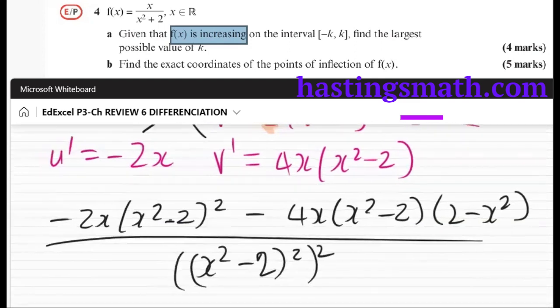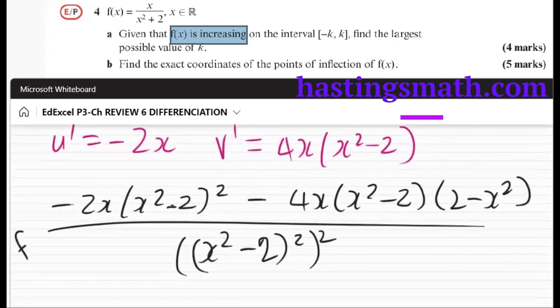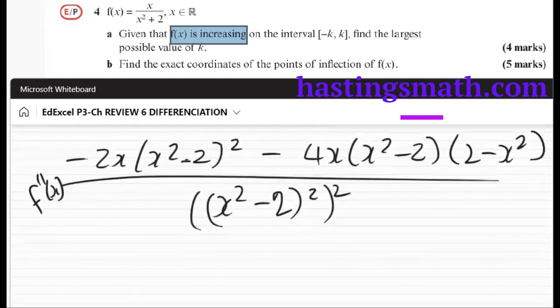Okay, that's our second derivative. So this was f dash dash of x that we needed to work out. Lovely P3 questions.